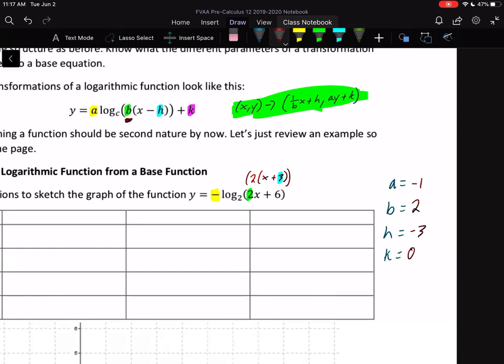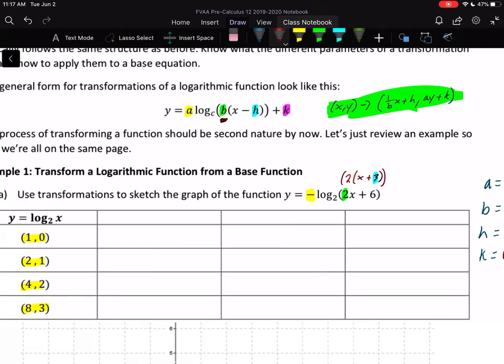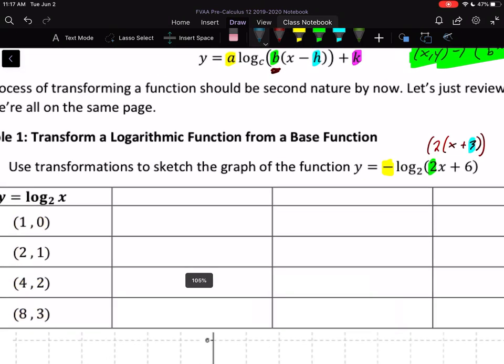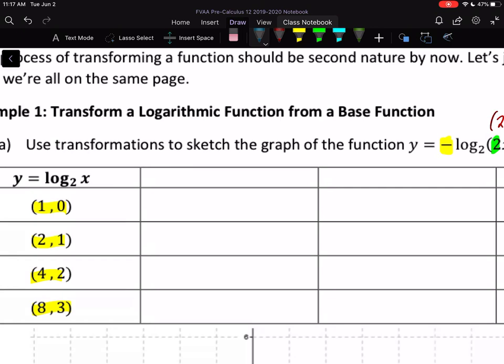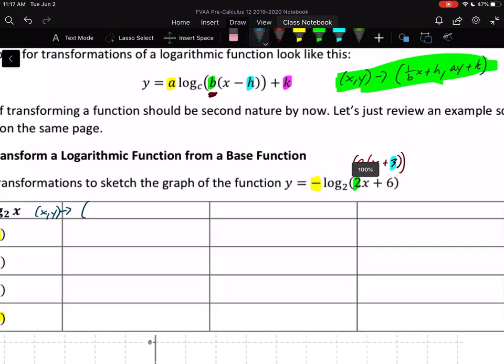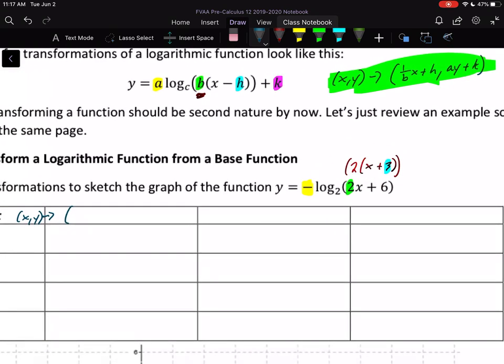So now that we have the a, b, h, and k values, we can determine our mapping notation. For this situation, we have our x and y values that we're starting off with from our regular untransformed log function. And then this is going to turn into, and I'm looking at the top right corner there, that green highlight, 1 over b.